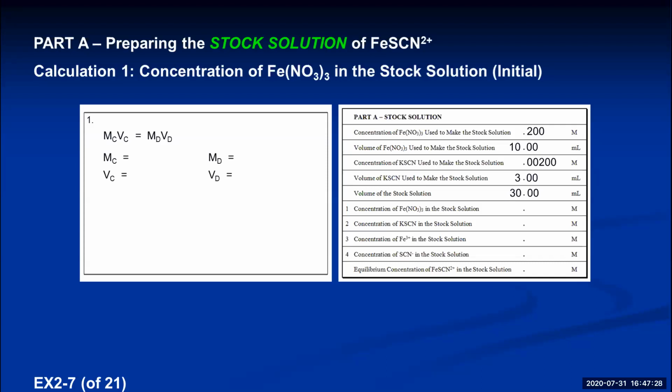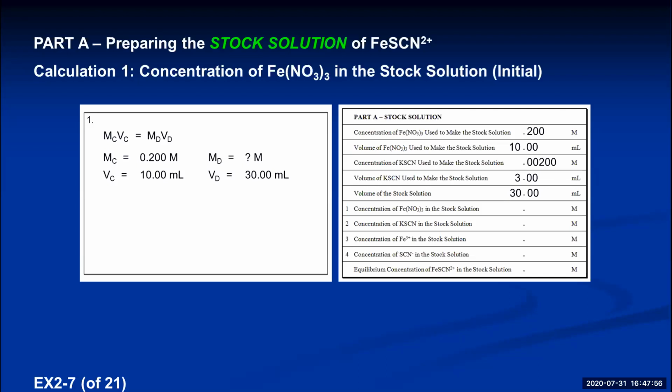The initial solution that contains iron 3 nitrate is going to be 0.200 molar. The initial volume of that iron 3 nitrate solution, how much of it we're using to make our stock solution, was 10.00 milliliters. What we're solving for is what's its molarity going to be once we've mixed it to a final volume of 30. So I don't know its molarity in its diluted form, but I do know the volume in its diluted form. Its volume is going to be 30 milliliters.